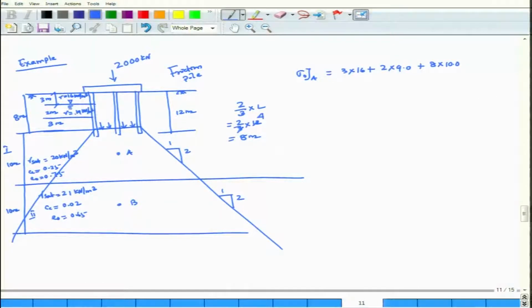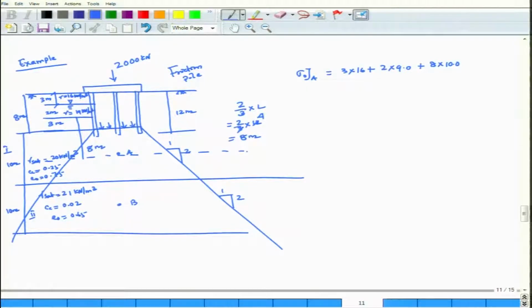Then below the water table it should be the submerged unit weight, so it will be 2 into 19 minus 10, that is 9. Then below this will be 8 meter, up to this depth for layer 1, 5 plus 3, 8. From here to here is 8 meter.